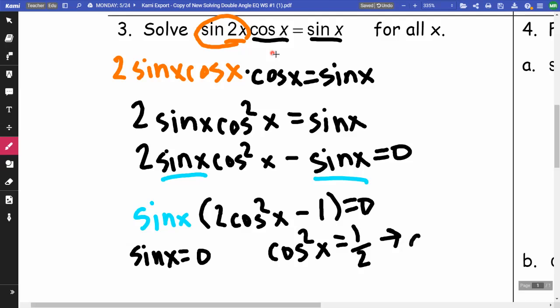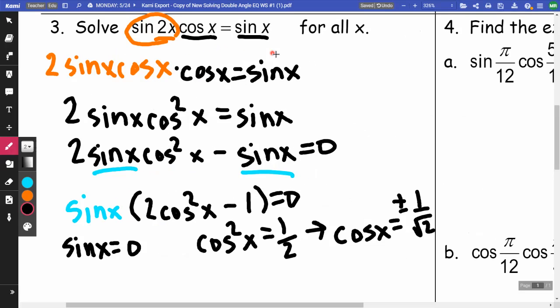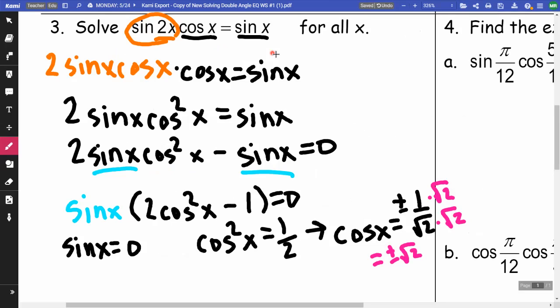And so when I square root, I get cosine x is equal to positive and negative square root of 1 is 1, and the square root of 2 is √2. And then we do need to rationalize. We don't like having a radical on the bottom. So I'm going to multiply top by √2 and the bottom by √2. And when I do, I'm going to get plus or minus √2/2. So that's what my cosine is equal to.